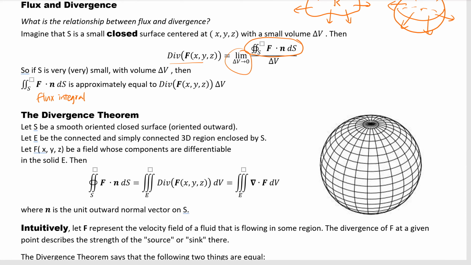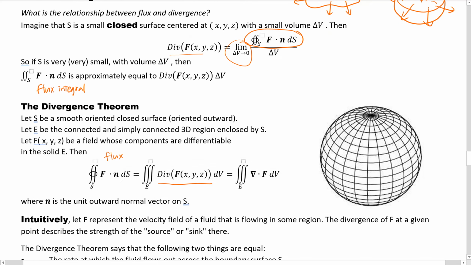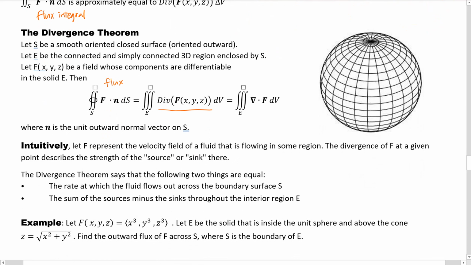And let F be a field whose components are differentiable inside the solid E. Then the flux integral equals the triple integral of the divergence dV, where n is the unit outward normal vector on S.